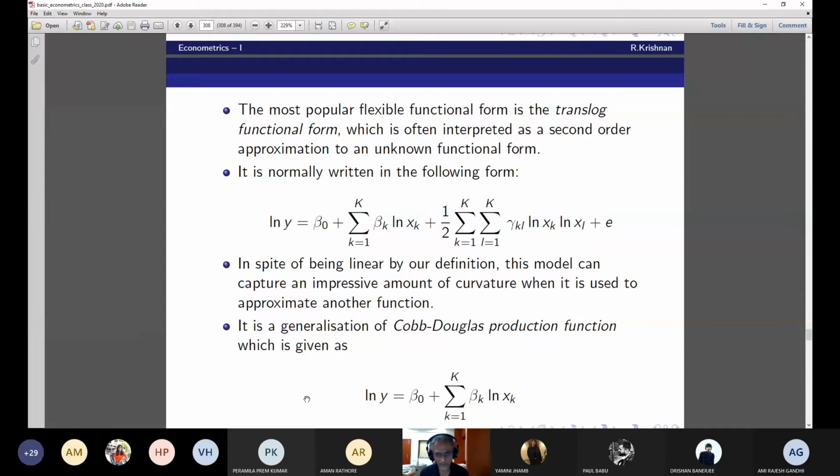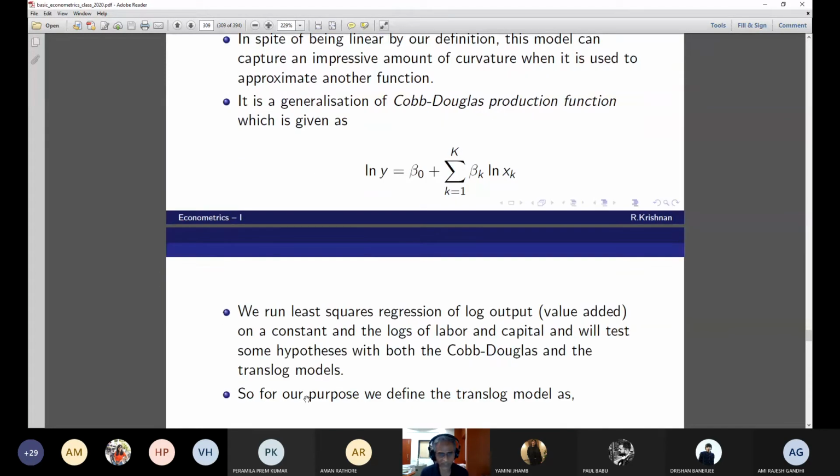Okay, it's a generalization of the Cobb-Douglas production function, which is given as this. So we run least squares regression of log output, value added. Output, how is it measured, value added, on a constant and the logs of labor and capital. And we'll test some hypotheses with both the Cobb-Douglas and the translog models.